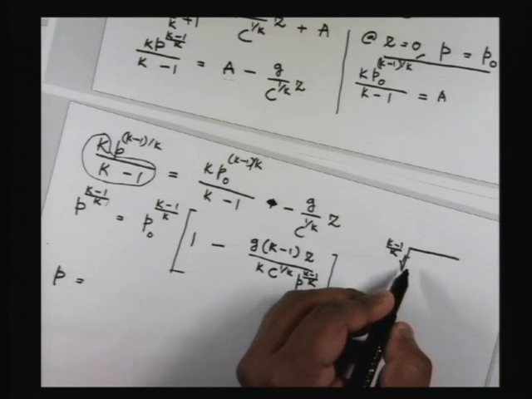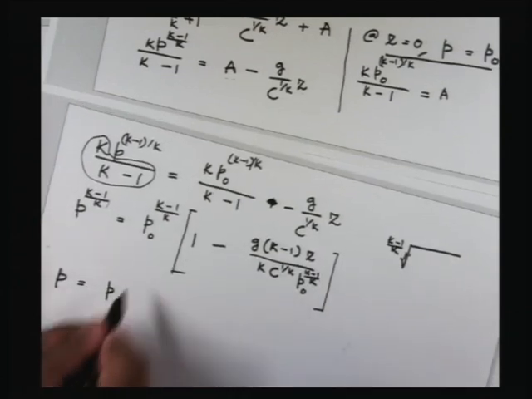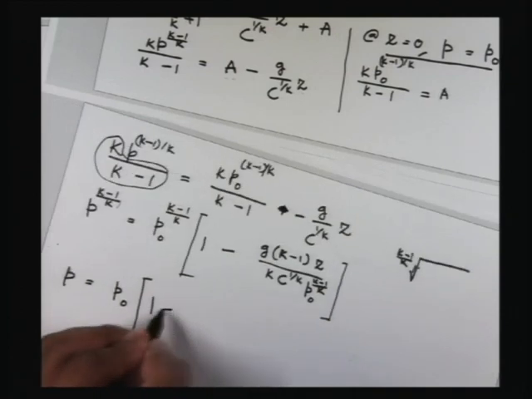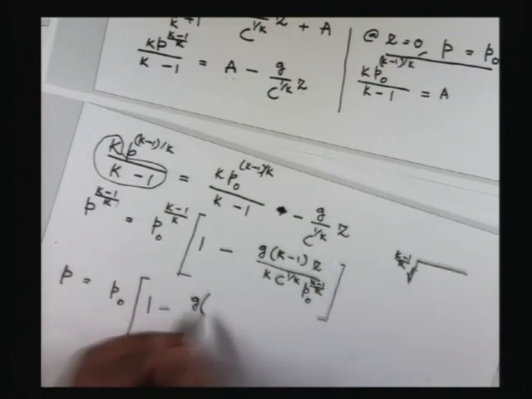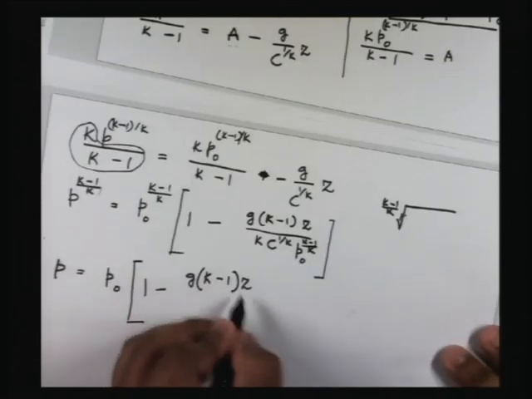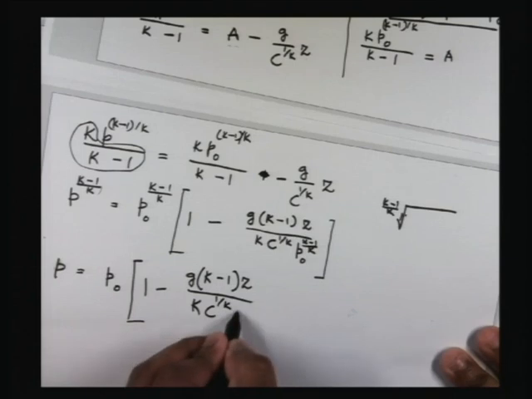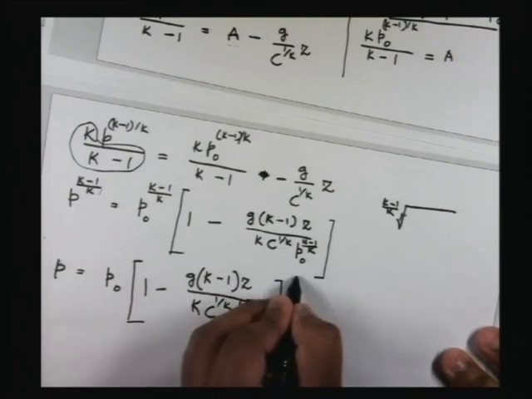If we take this root, this becomes 1, this becomes P only, and this becomes P naught, and this will be 1 minus g into z, that is, this will be a by a minus 1.